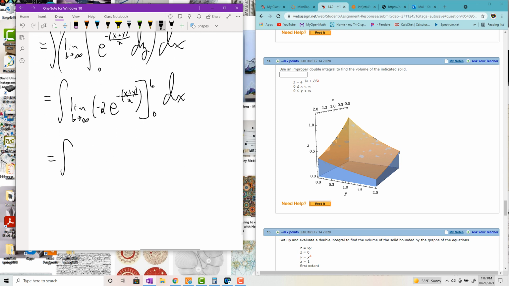So this would be the integral of the limit as b goes to infinity of negative 2e to the negative, what is this going to be, b plus some y, some constant, all over 2, minus negative 2e to the y all over 2 dx. I'm plugging in for y, not x. Oh, sorry.